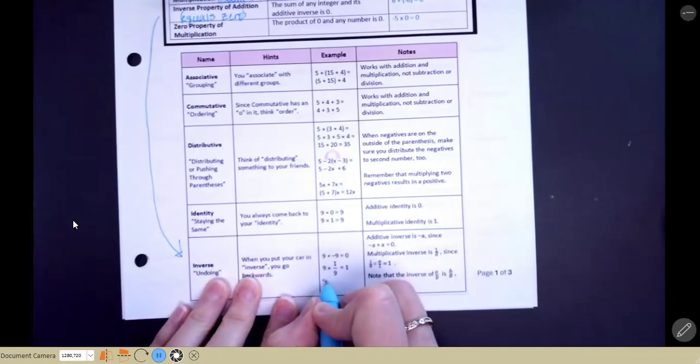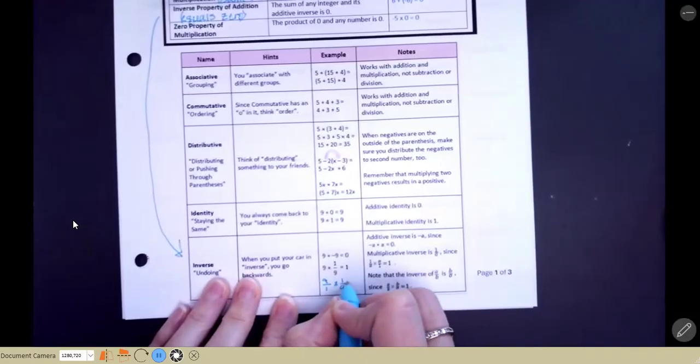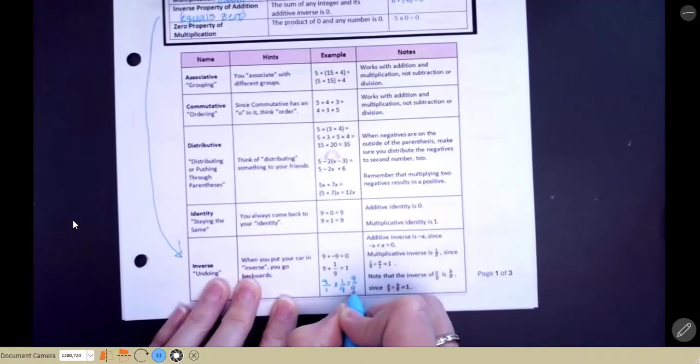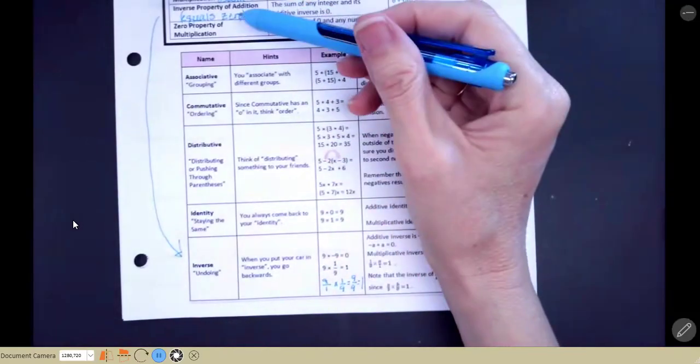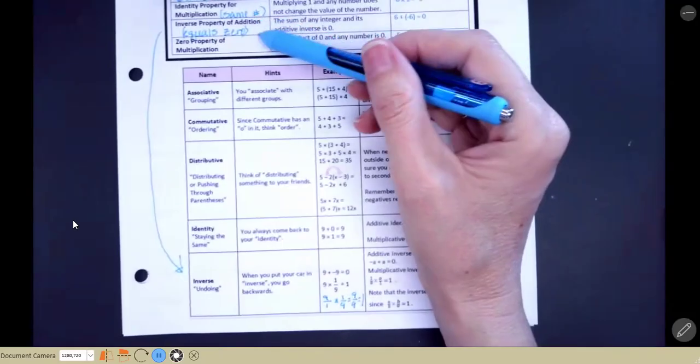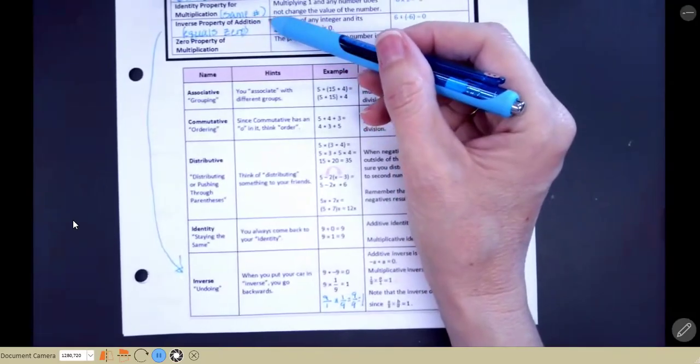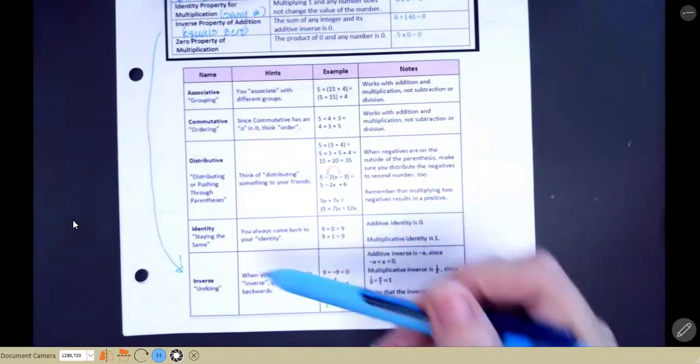I'm going to show you that here. 9 over 1 times 1 over 9 equals 9 over 9, which equals 1. So there are two inverse properties, even though up here it only says that there's one inverse. There's an inverse of addition that equals 0. There's an inverse of multiplication that equals 1.